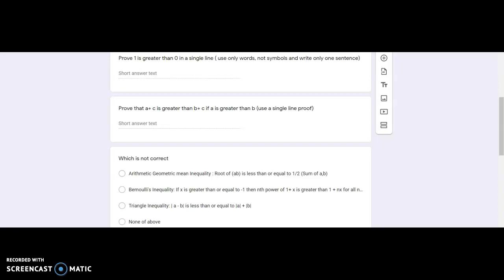If there is a statement which is not correct, you have to identify that statement. Otherwise, if all are correct, you put none of the above. You have to write the answer completely. I think the time is enough.